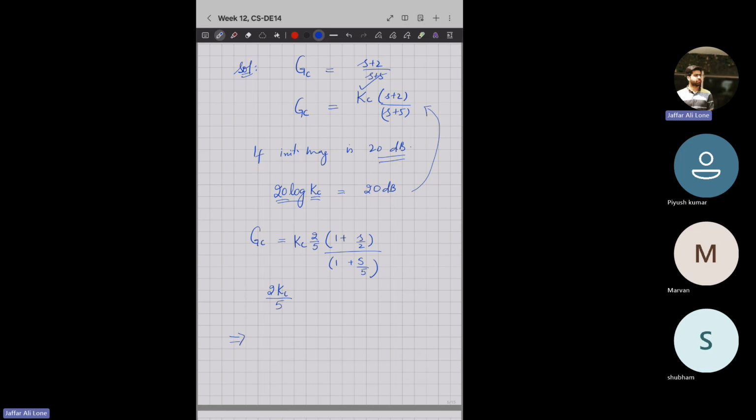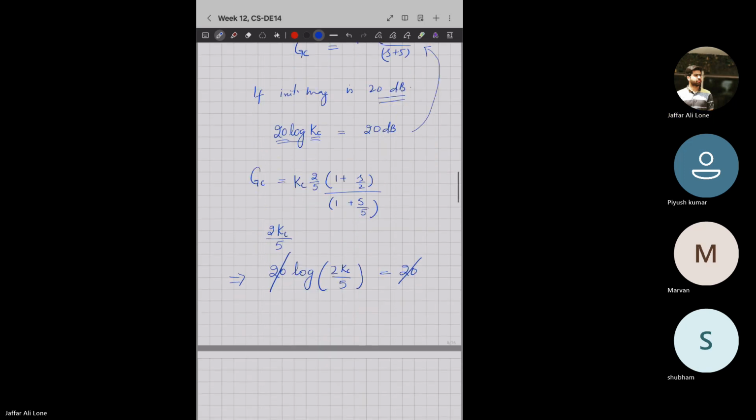It implies 20 log of 2 Kc by 5 is equal to 20. The 20s go, which means 10 is equal to 2 Kc over 5. The 5 goes, and it implies Kc is equal to 25. Did everybody understand this question? So I got my Kc equal to 25.